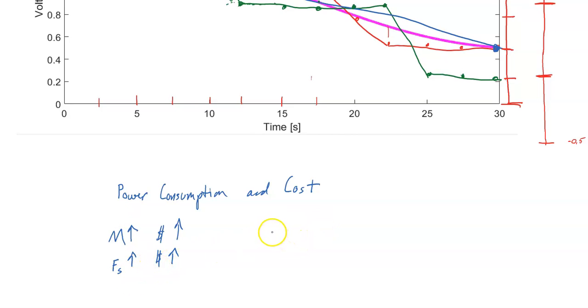Now, with our sampling frequency, as that increases, our power consumption goes up. Because let's say, when we have a situation where we only have a limited amount of power, like when we're using a battery, every time we generate the signal to take that data, and every time we read it, and every time we convert it, all of that consumes power.